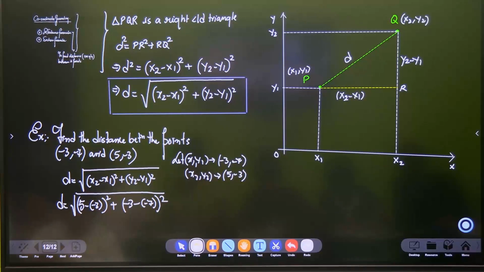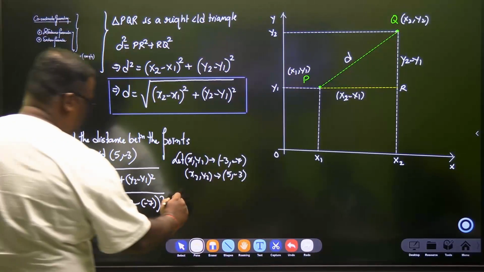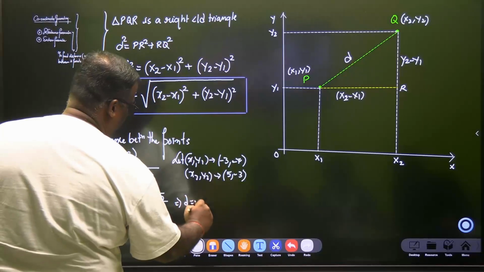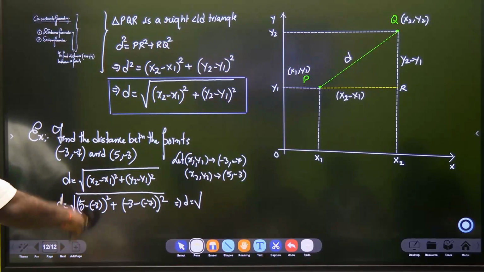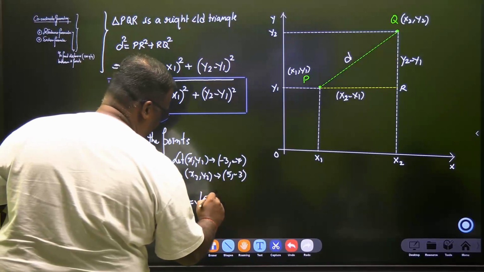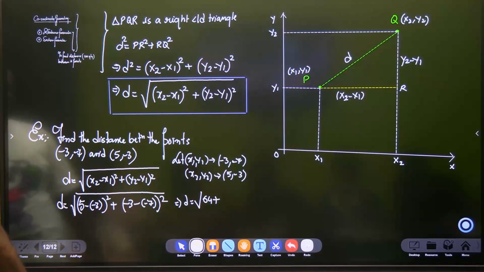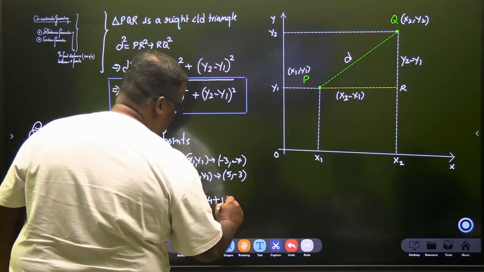बस यही केयर लीजिएगा. So my D will become equal to 5 plus 3. 5 plus 3 becomes how much? 8. 8 square is 64. Very good. And this is negative 3 and plus 7, so it will become 4. 4 square is 16.